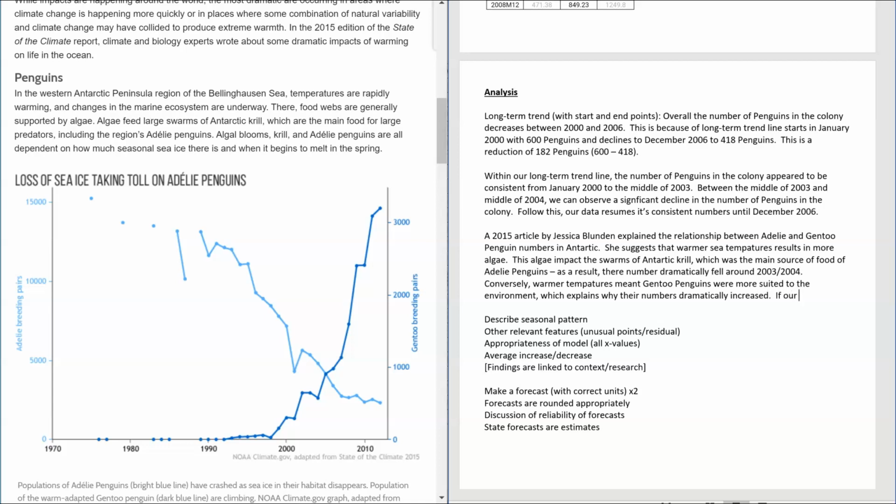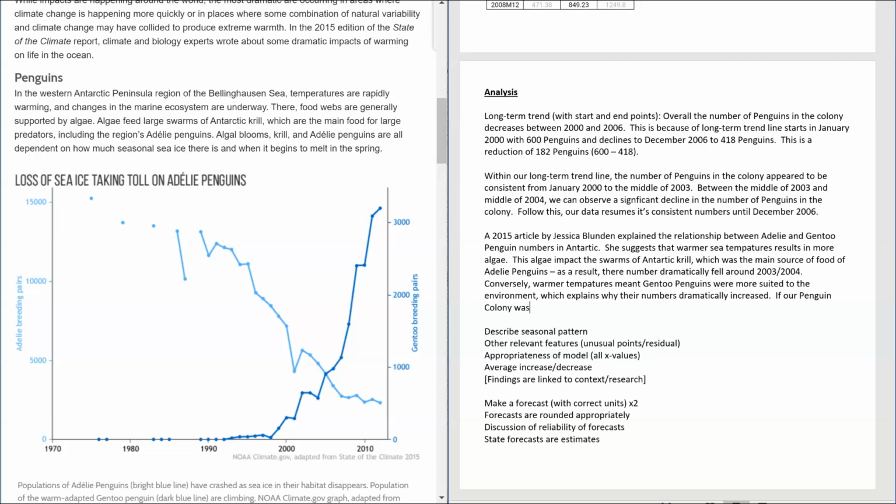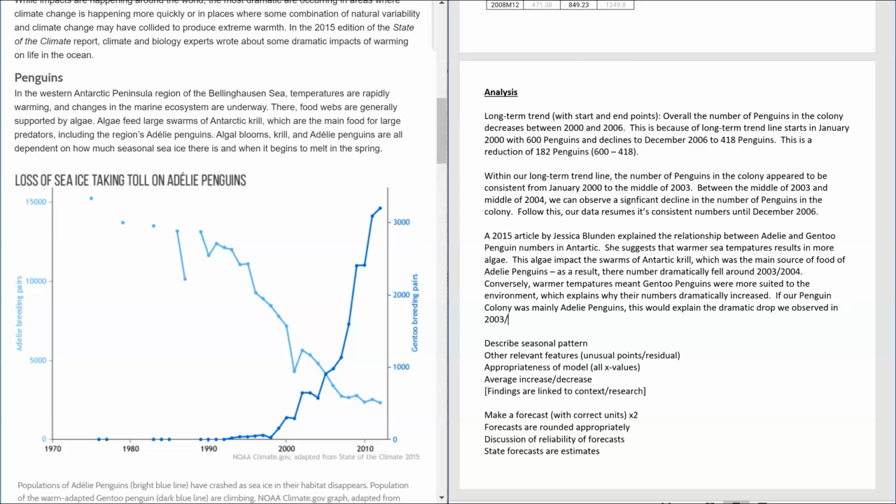If our penguin colony, so I'm linking this back to our colony, was mainly Adelie penguins, this would explain the dramatic drop we observed in 2003, 2004.